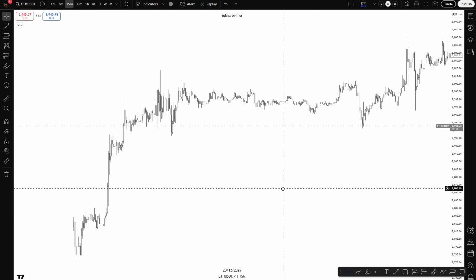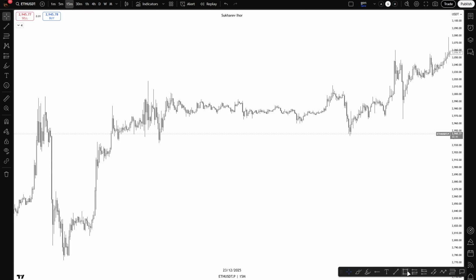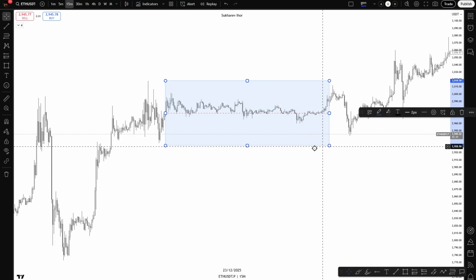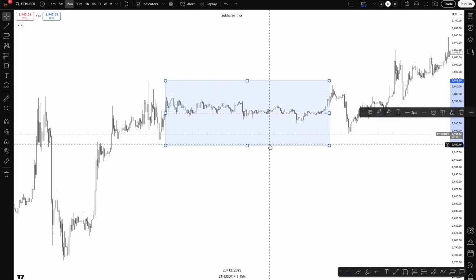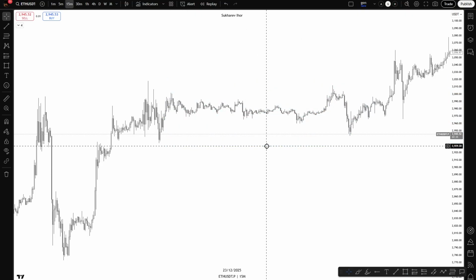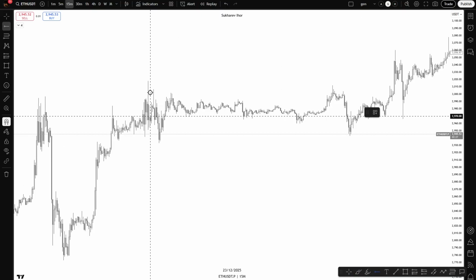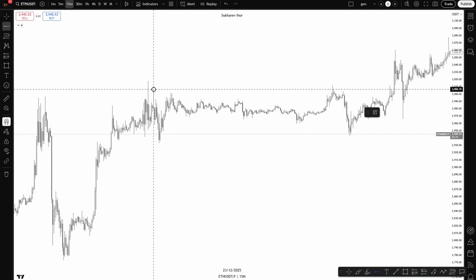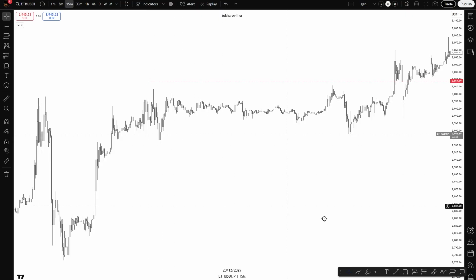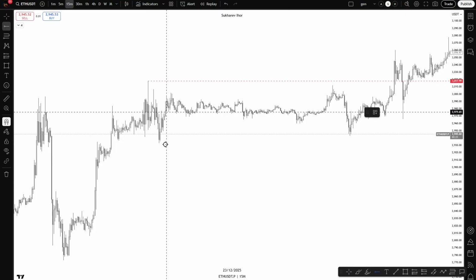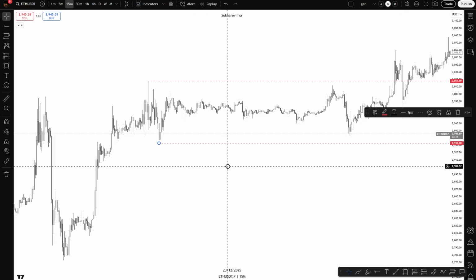Talking about consolidation, a great example is actually here, this part. Consolidation is when you most of the time have a range high and a range low, and the price does not go above or below certain targets. Let me mark this down.